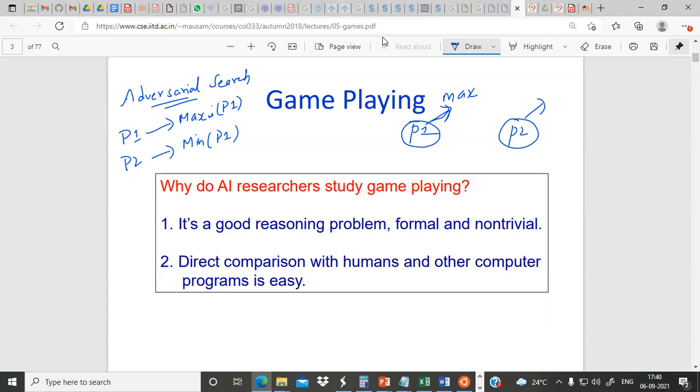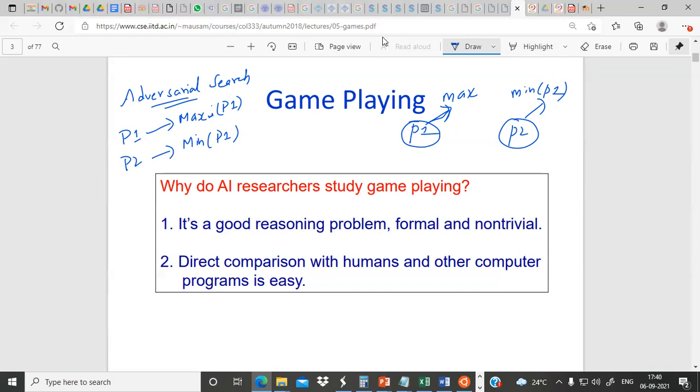Then instead of saying that player two wants to maximize his own score, we can say that player two always wants to minimize the score of player one, because when the score of player one is minimized, obviously the score of player two maximizes. So we are seeing the problem from player one's perspective.